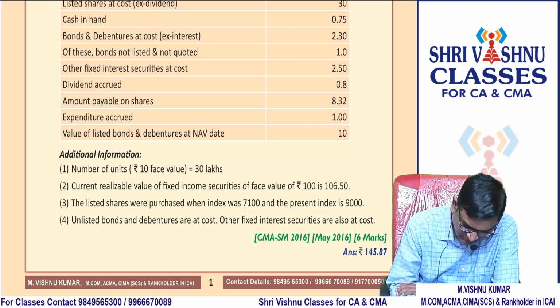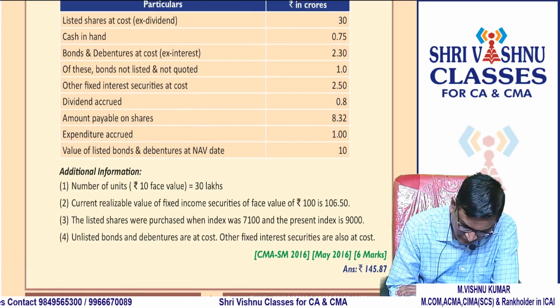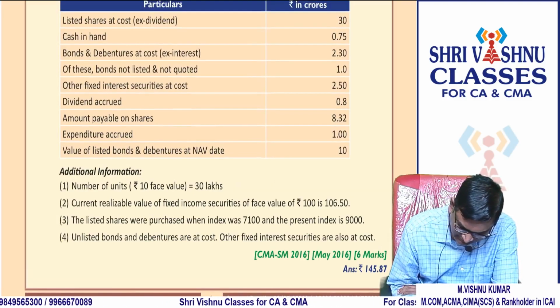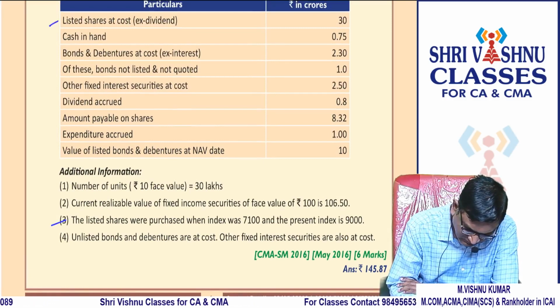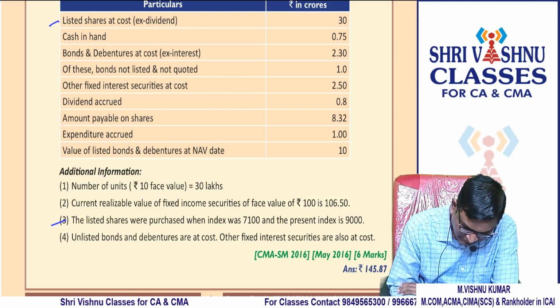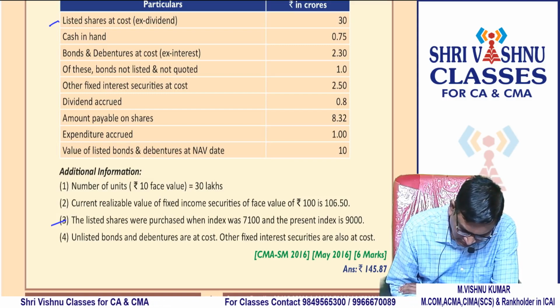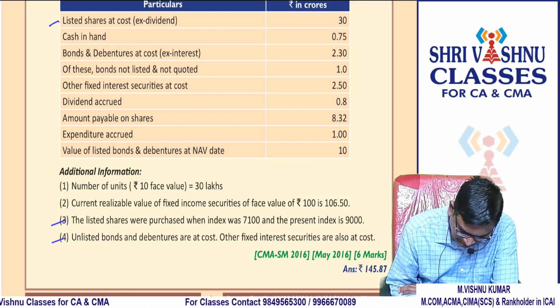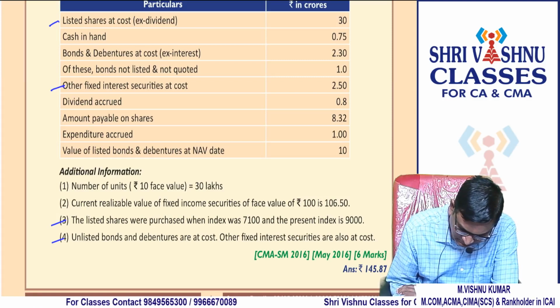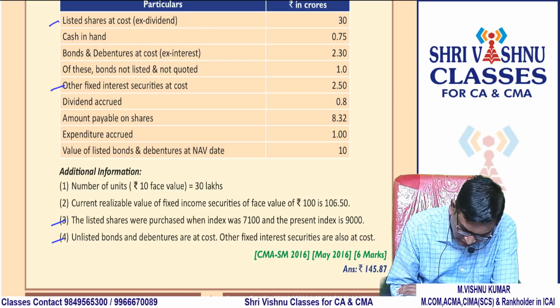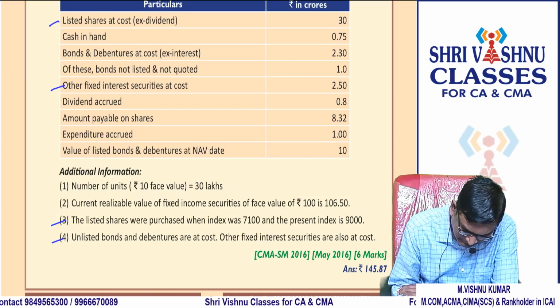So because of this, listed shares, this point is already given. Bonds and debentures, unlisted, this point is given. Fixed income securities, this particular point is given. Then the value of listed bonds is also given, 10.